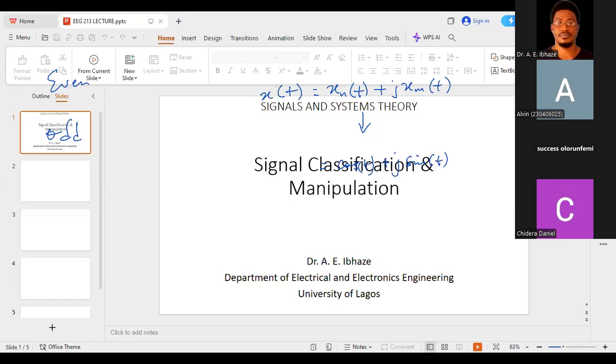Sir, I can't see, sir. I can't see it. The board is not visible? Yes, sir. Can you see S of t being the same as this? No, sir, I'm not seeing it. You're writing on the words, on the words signal classification.